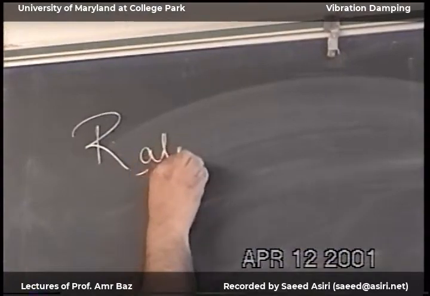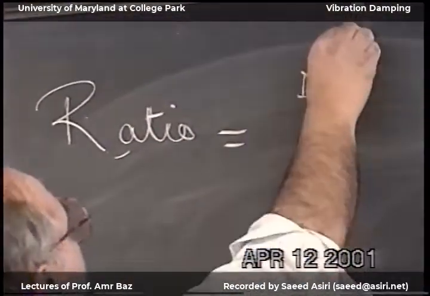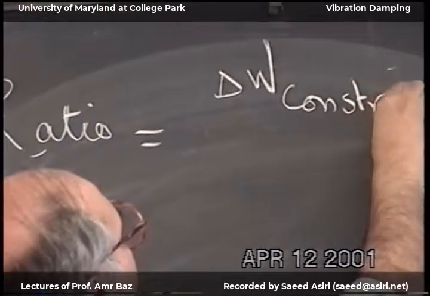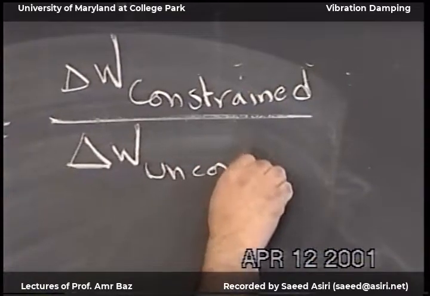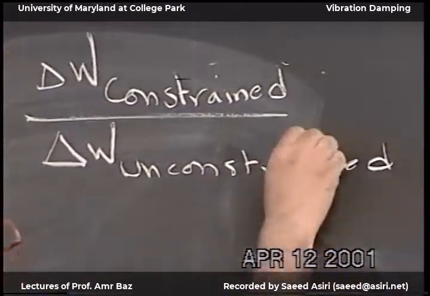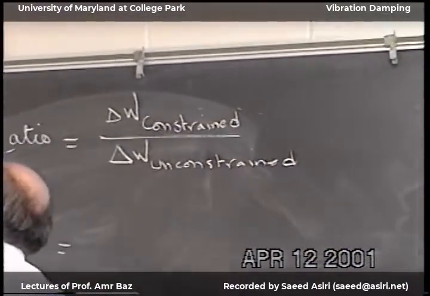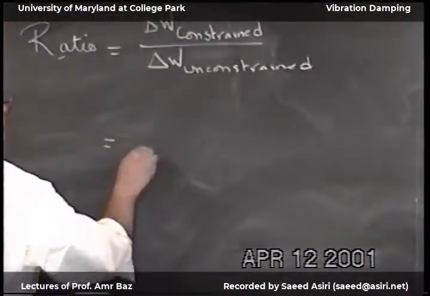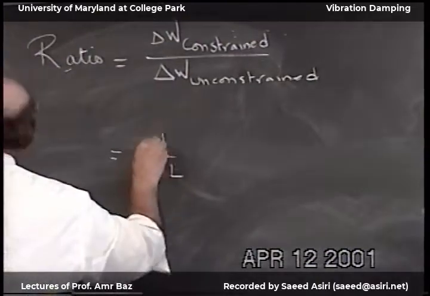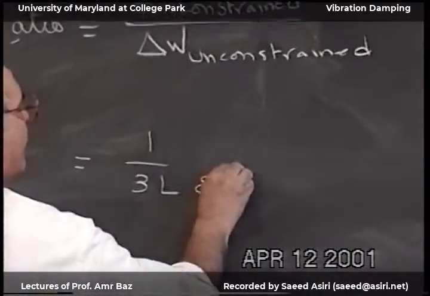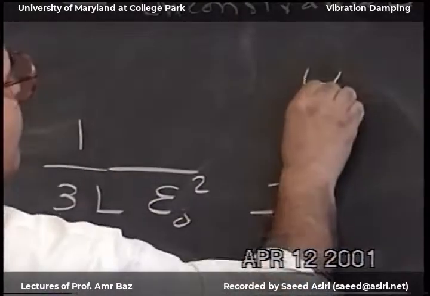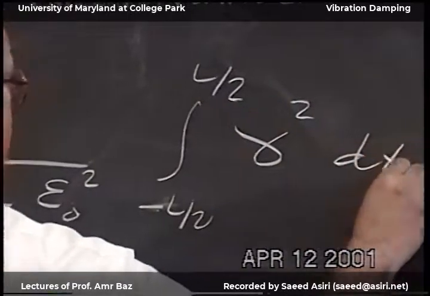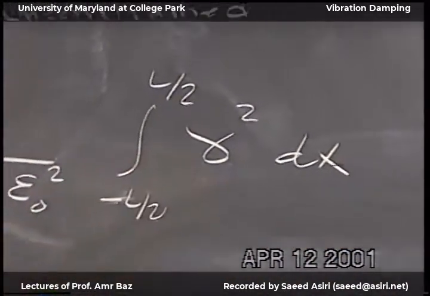And now I'll just call this the ratio, which is del W constrained over del W unconstrained, and this will equal three L, epsilon 0 squared, and then the integral from minus L to L of gamma squared dx. Now we have the expression for gamma.